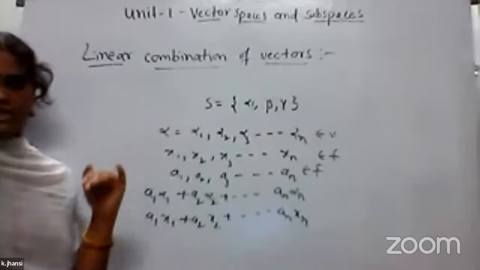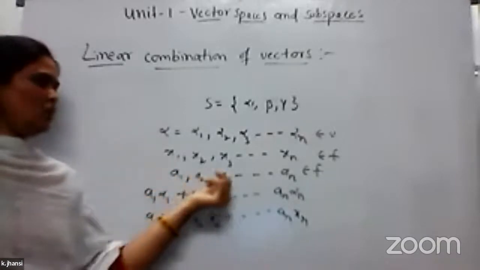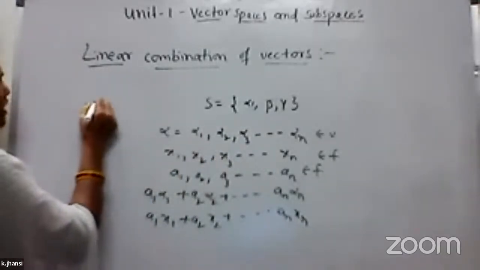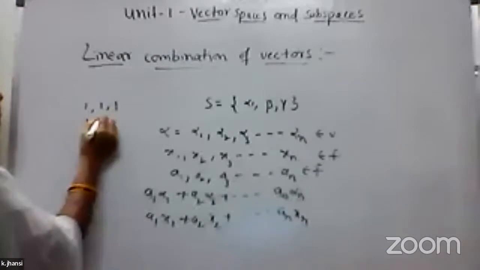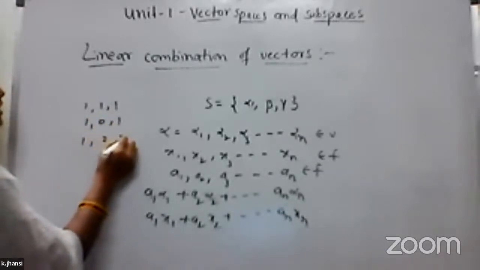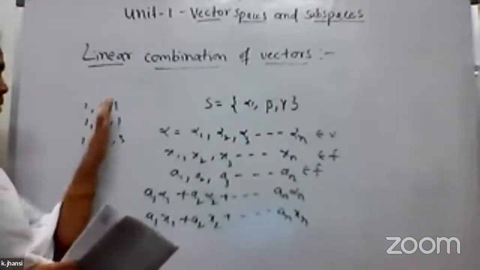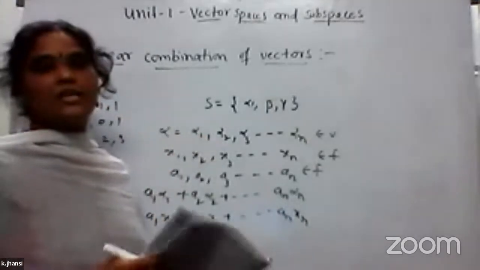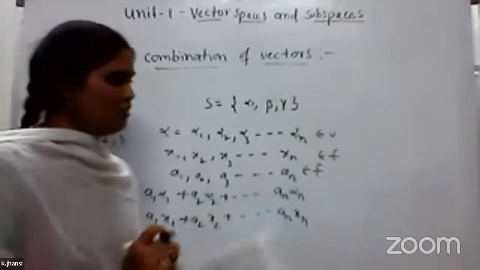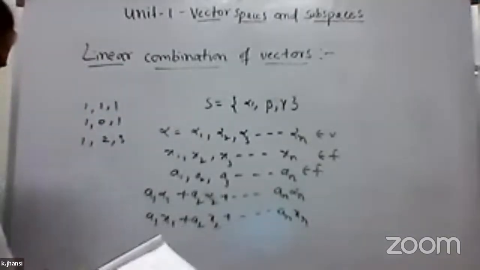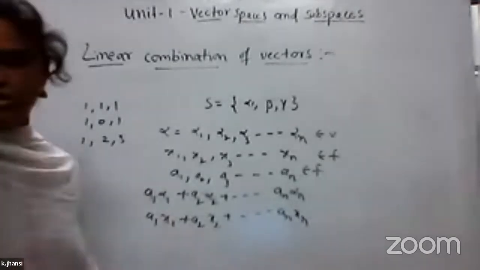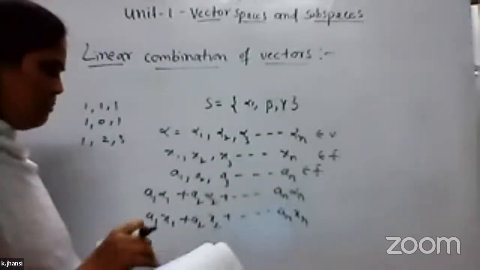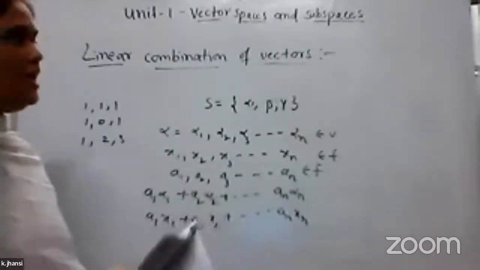If you multiply all these vectors with scalars, the scalars may be a1, a2, a3, x1, x2, x3, or even numbers like 1, 1, 1 or 1, 0, 1 or 1, 2, 3, any scalars, and if you add them, that is called a linear combination of the vectors. You have the definition in your textbook. There are no theorems on this, it is just the main important thing for linear span.